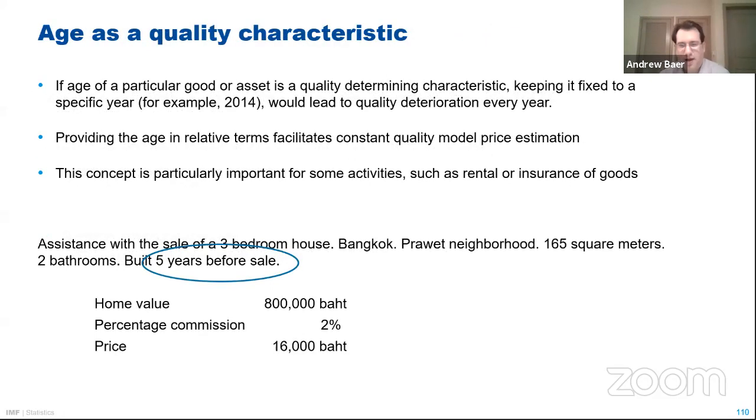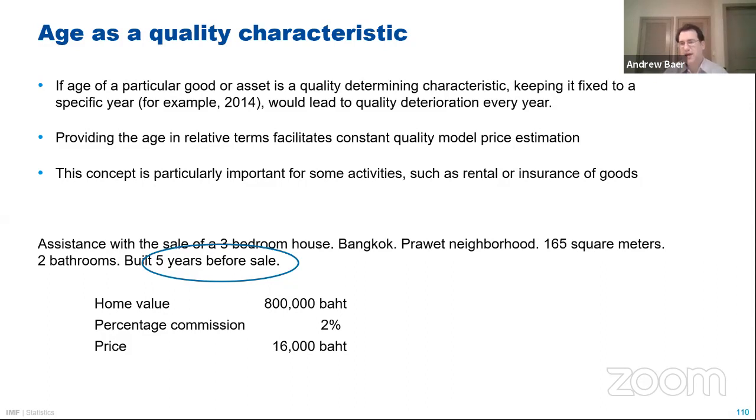Just one other thing to note for these kinds of transactions. Age is often a quality characteristic. It's generally good practice not to specify the year in which, for example, the home was built, but to reference it relative to when the sale occurred. Right, so here I don't say it was built in 2014, I say it was built 5 years before it was sold.